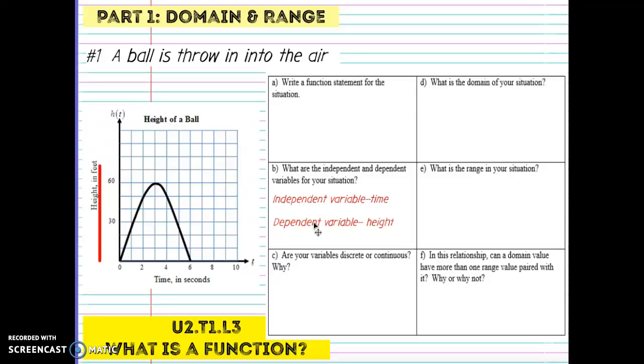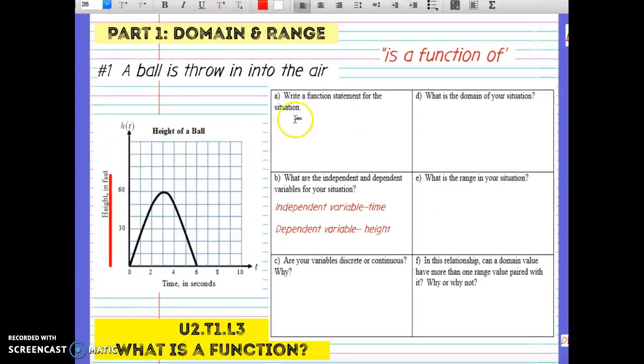All right, so now I can use this information, my independent variable and my dependent variable, to write a function statement. Because if we remember, is a function of is just another way to say is dependent on. So what depends on what in this situation? Well, I know that my time is my independent, right?